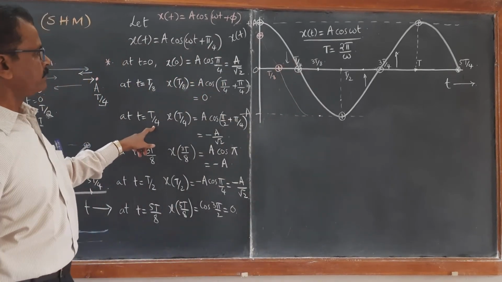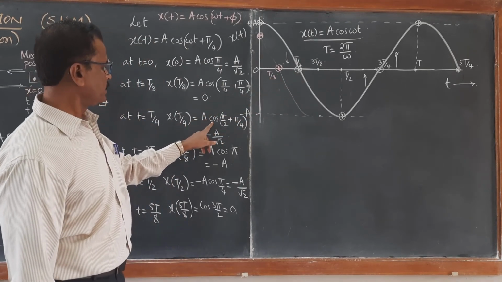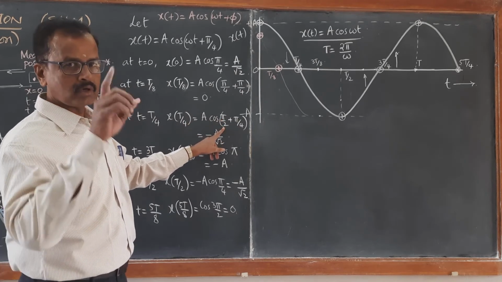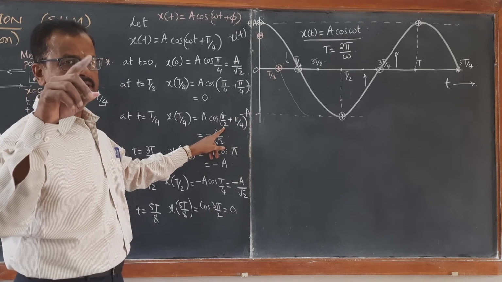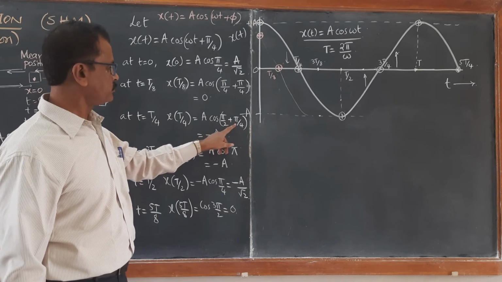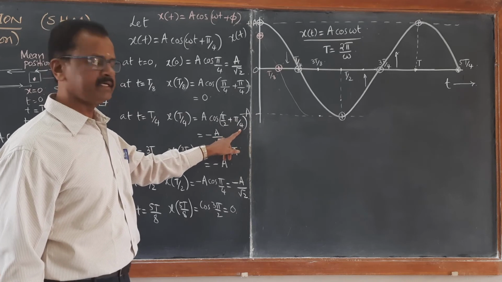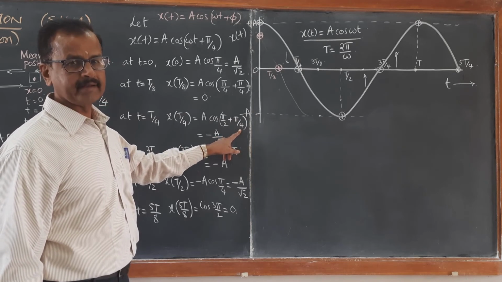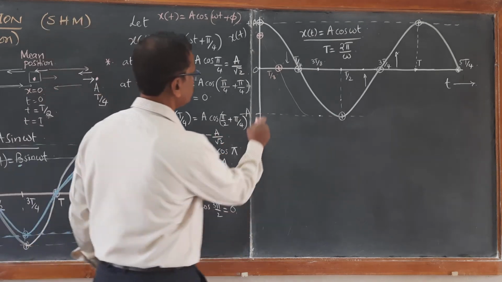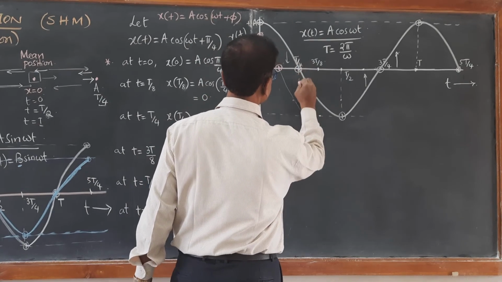At t equal to T by 4, if you substitute again A cos of 2 pi by T into T by 4, T cancels, you will get pi by 2. Pi by 2 plus pi by 4 becomes 90 plus 45, 135. Cos 135 is minus cos 45, which is minus 1 by root 2. So it becomes minus A by root 2. So at T by 4 it will be here.